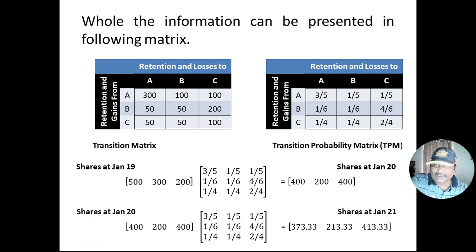So period is very important here, because the transition may occur over a period of a year, or maybe sometimes over a period of a month, or weekly, or biannually, or quarterly. Okay, so once you get hold of what is the period after which definite transition occurs in a definite pattern, that will help you in predicting what is going to be the market composition or state composition after that period.